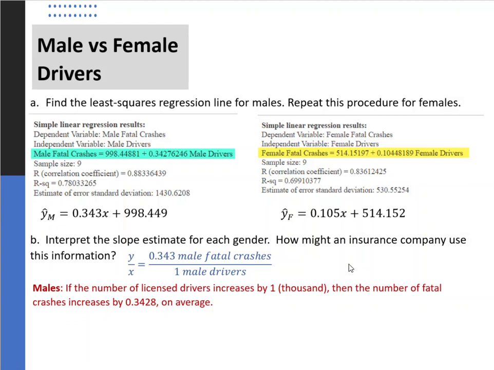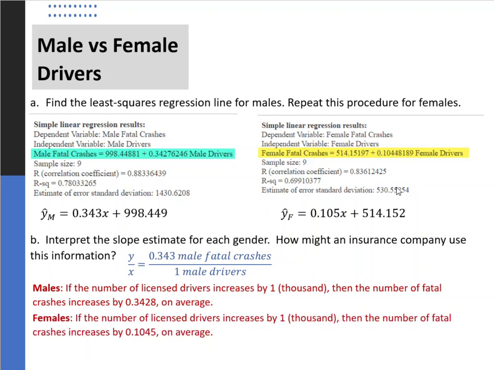A similar process is going to happen for females. Recognize from our equation, either here highlighted in yellow or the one we rewrote underneath, that 0.105 is going to be in the numerator now over 1 in the denominator. The interpretation might look something like this for the female drivers.